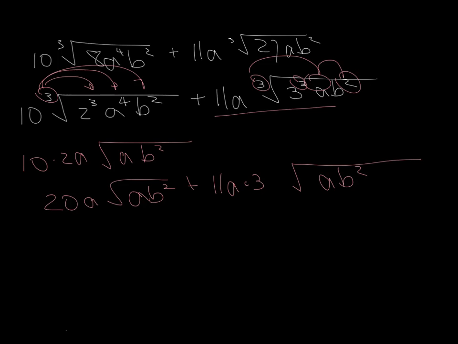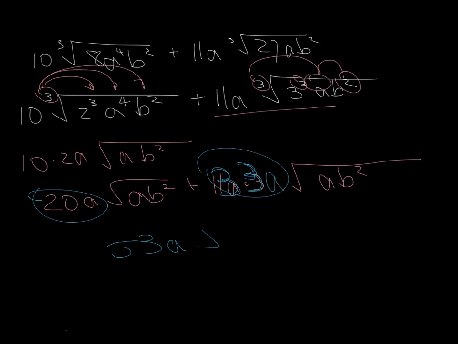So let's go ahead and write that as 11 times 3 with the a. So 20a plus 33a is 53a square root of ab squared. Oh, I'm sorry, cubed root. Those are all cubed roots. Sorry about that. That gets confusing, doesn't it?